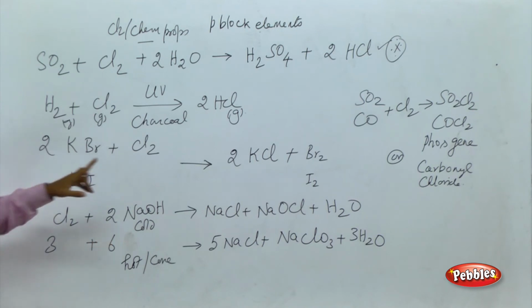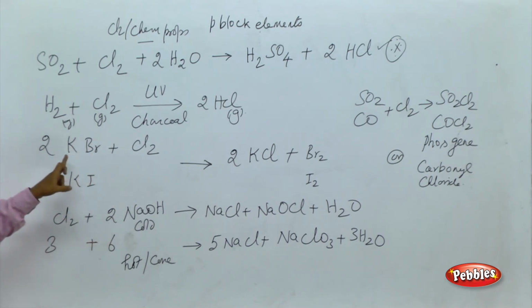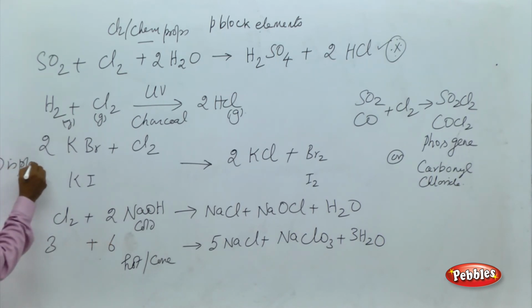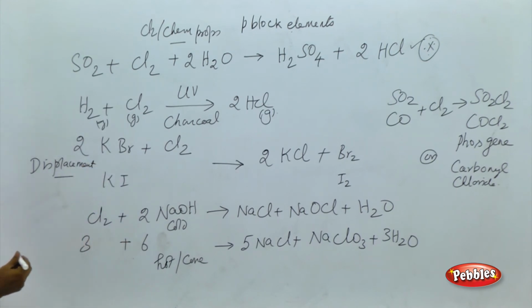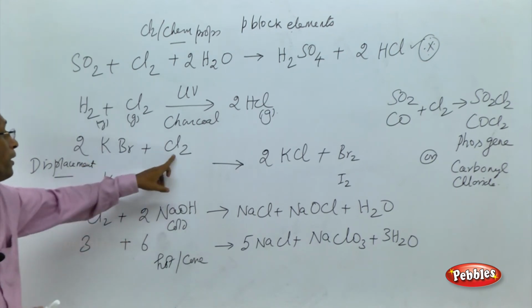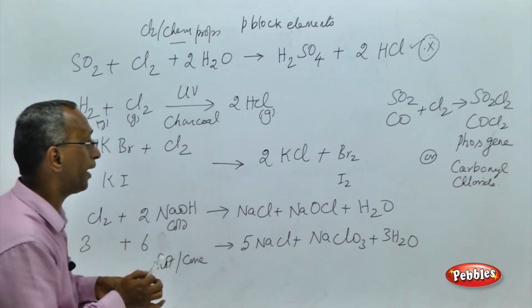Next one, chlorine reacts with bromide. Chlorine reacts with iodine. So 2 moles of potassium bromide. This is called a displacement reaction. Displacement means how one element displaces the other from its compound. Here chlorine displaces bromine from potassium bromide.